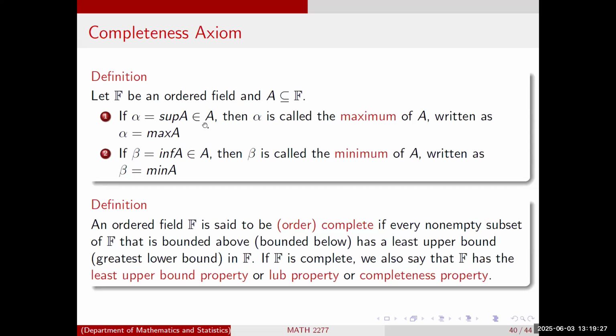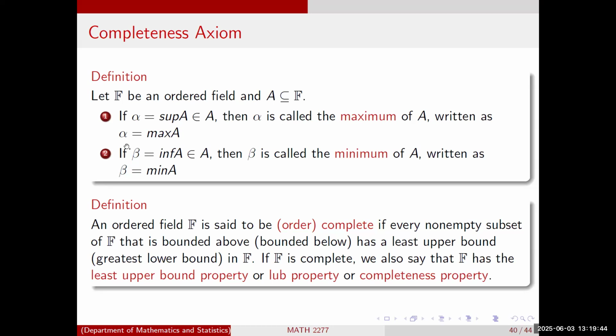If the number is in the set, then we call that the maximum. And we write, instead of the supremum of A, you could write the max of A. So the max simply means you are the supremum and you belong to the set.